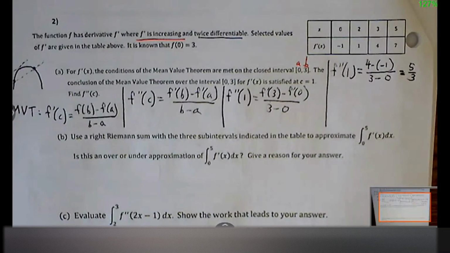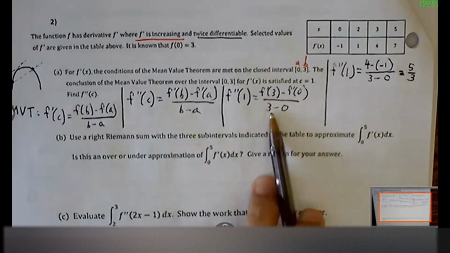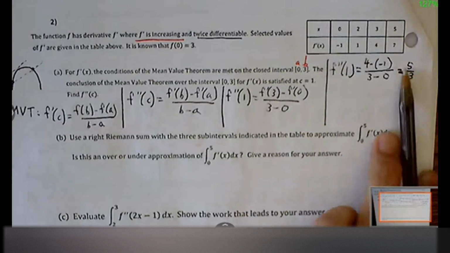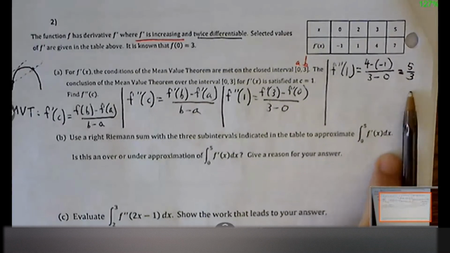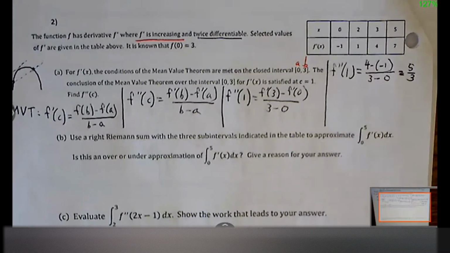Okay. So that means on the f prime graph, there is a slope of 5/3, and that 5/3 is going to have to show up somewhere along that path.